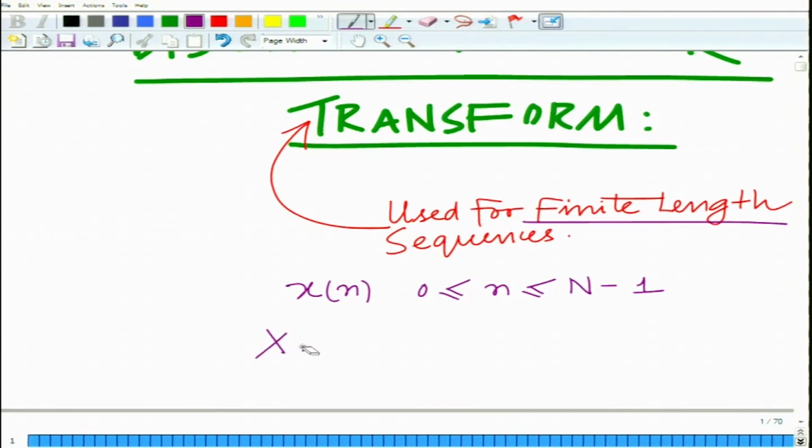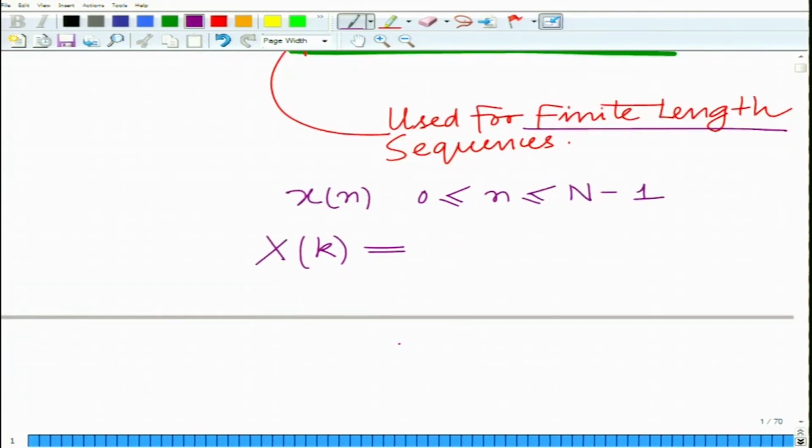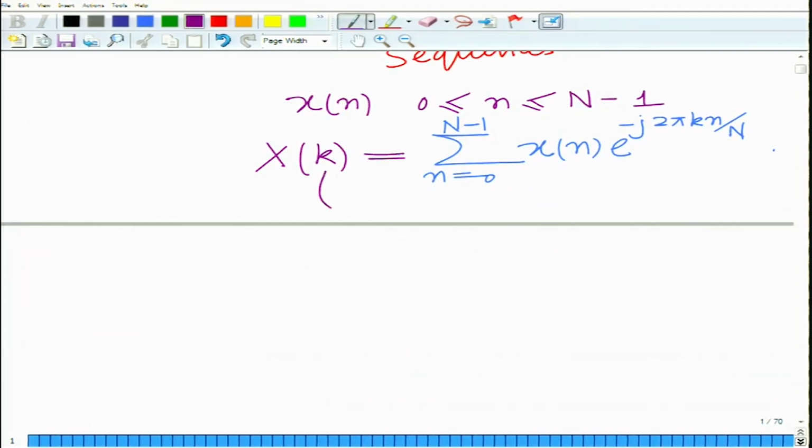and X[k], the kth DFT coefficient, is defined as summation n equal to 0 to N minus 1 x[n] e raised to minus j 2 pi k n over N. That is the expression for the DFT coefficient X[k], and this is also a finite length sequence, defined for 0 less than or equal to k less than or equal to N minus 1.